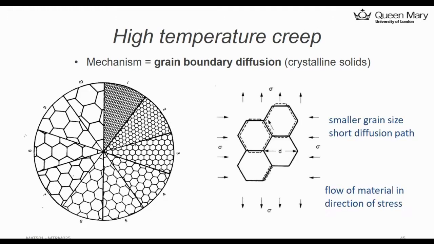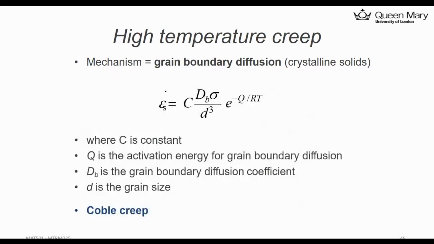My point is, like I already mentioned, if you make the grain smaller, that means you have a short diffusion path, the D will decrease, so your strain rate will increase significantly because of that D squared, so you have much quicker creep, okay?